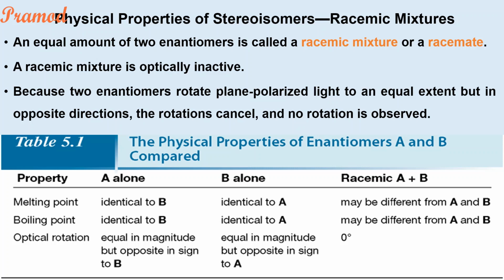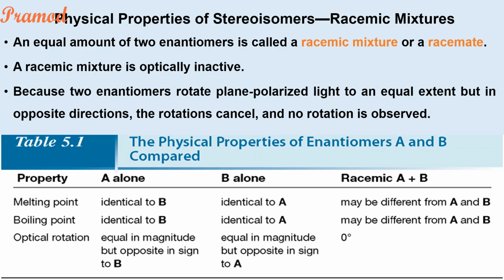Racemic mixtures are optically inactive, because the two enantiomers rotate the plane of polarized light by equal amounts but in opposite directions, so they cancel each other. If you mix two enantiomers together in equal ratio, you get a racemic mixture and the observed rotation will be zero.